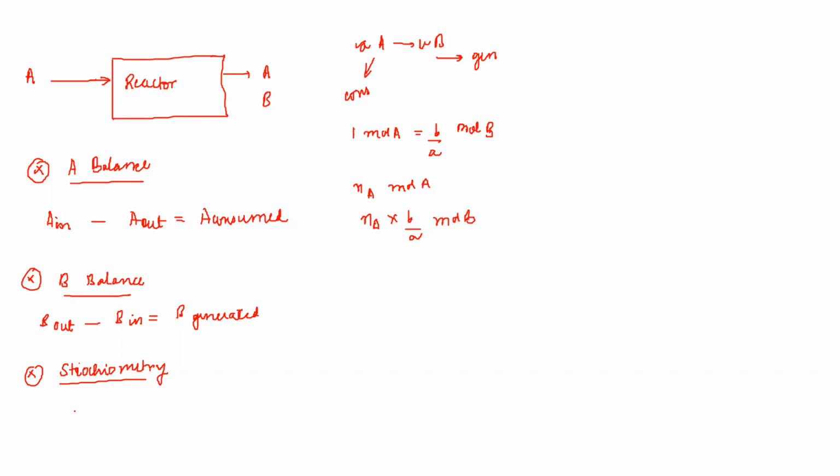So in that case, I can say that B generated is equal to A consumed into b by a. So these three equations we can form, and based on these three equations, we can follow material balance in a particular reactor, right?